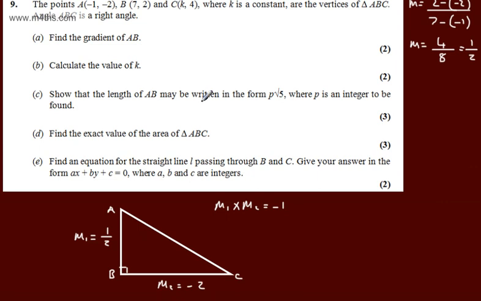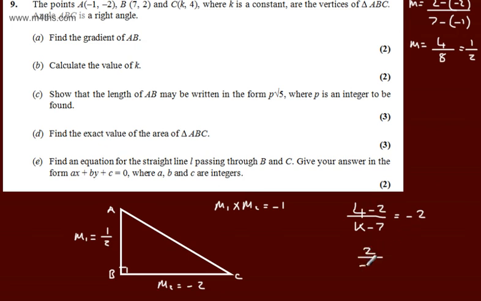So if we look at the gradient of BC, that's the change in y, so 4 minus 2, over the change in x, which is k minus 7. So we can now set this equal to -2. You can of course write this the other way round to make your life slightly easier. We're going to have 2 in the numerator.